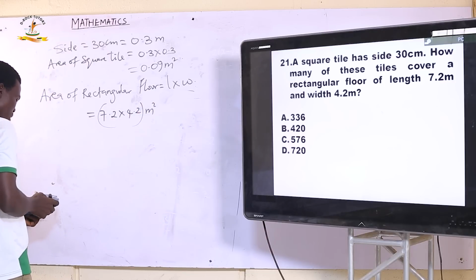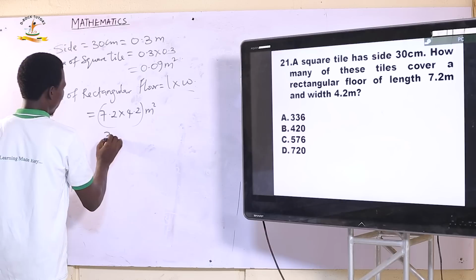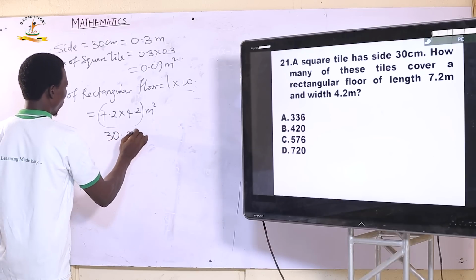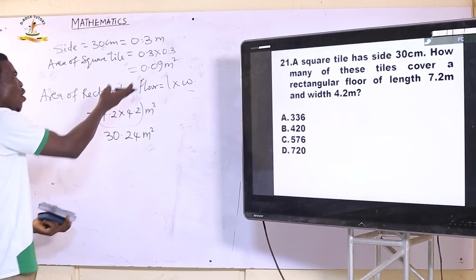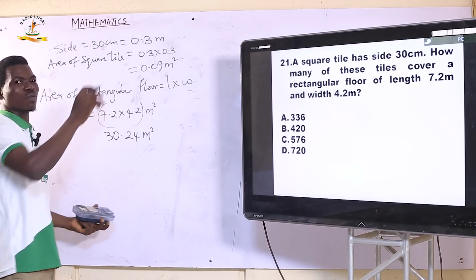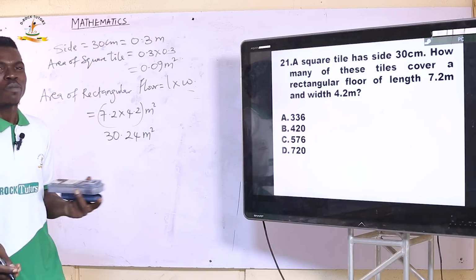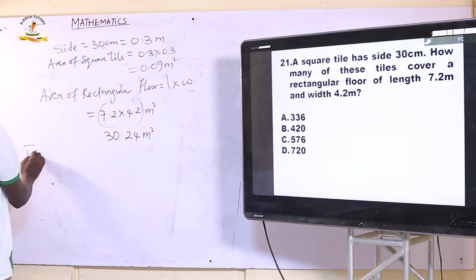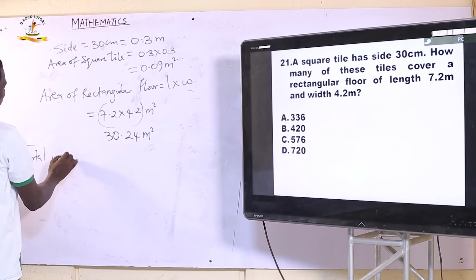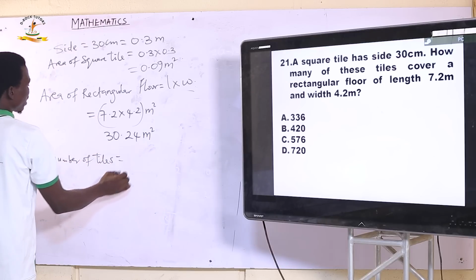Let me check this, 7.2 multiplied by 4.2, and this is going to be 30.24 meter squared. So the question is, how many of 0.09 meter squared are you going to find in 30.24 meters squared? You simply do the total number of tiles, total number of tiles is going to be what?